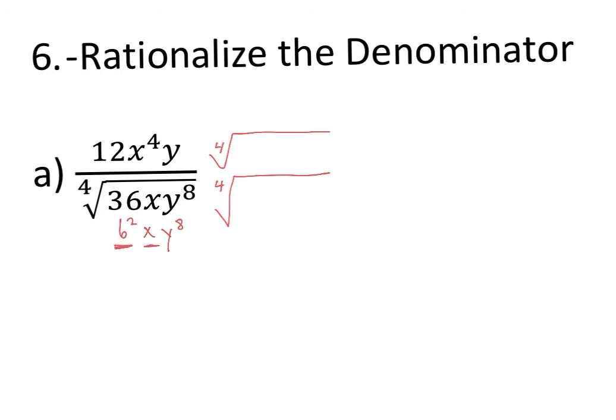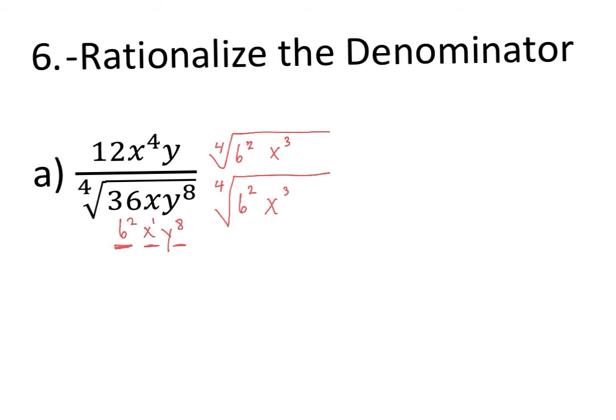I want each one of these to be a perfect 4th power. So if I have 6 squared, I need 2 more 6's to get that to be 6 to the 4th. If I have x to the 1st, I need 3 more x's to get that to be a perfect 4th power. And I have here y to the 8th. Y to the 8th already is a perfect 4th power, so we are good.